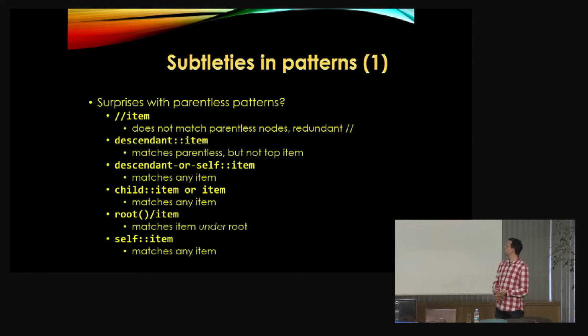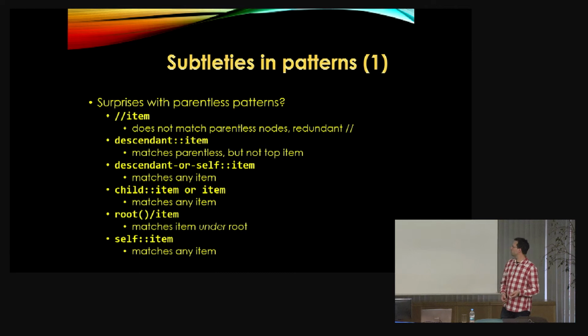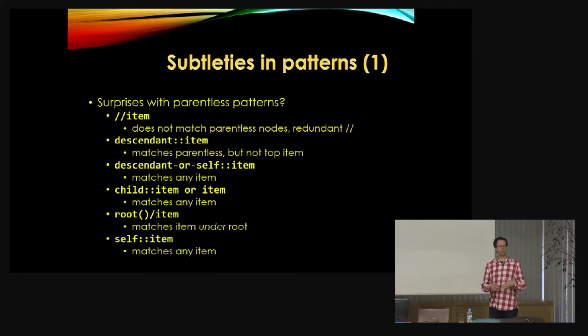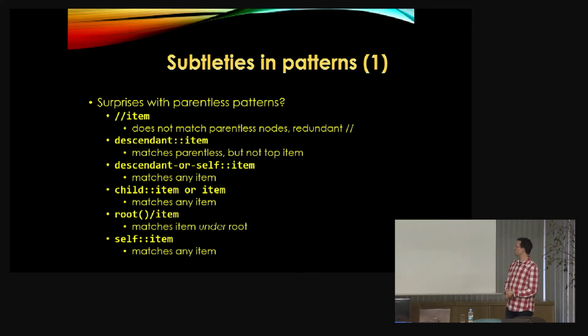Descendant-or-self will match any item because it also matches over self. Child item or item, they work because the processor, according to its specification, also matches top. It does not have to be a child to work as a child. Surprising, but that's how it works.